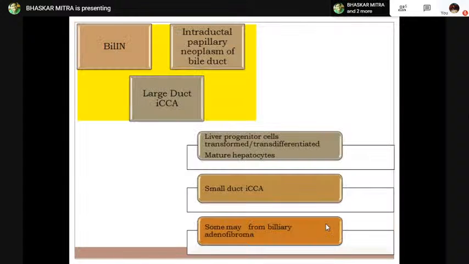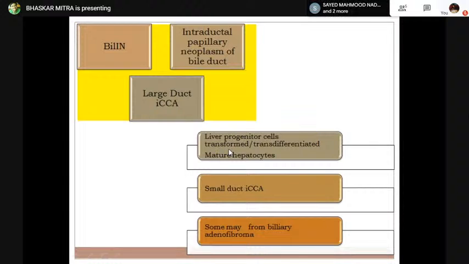Now, in the recent WHO, intrahepatic cholangiocarcinoma has been divided into two types. One is the large duct intrahepatic cholangiocarcinoma, another is the small duct. As I said earlier, BilIN and the intraductal papillary neoplasm will give rise to the large duct type. Regarding the small duct type, its pathogenesis, where it has arisen from, is a bit questionable.